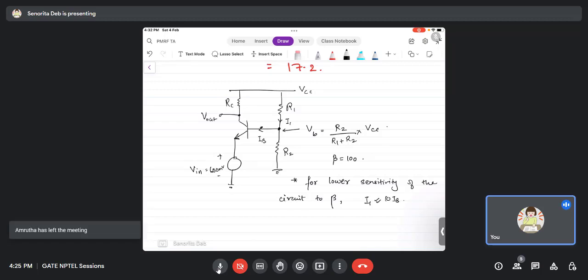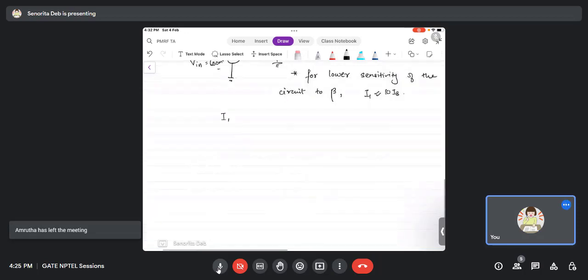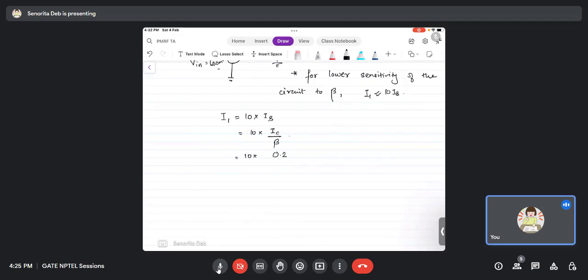Now if I1 is 10 times IB, that means 10 times IC by beta, which is 10 times 0.2 milliampere by 100, that is 20 microampere, right? So what is I1?